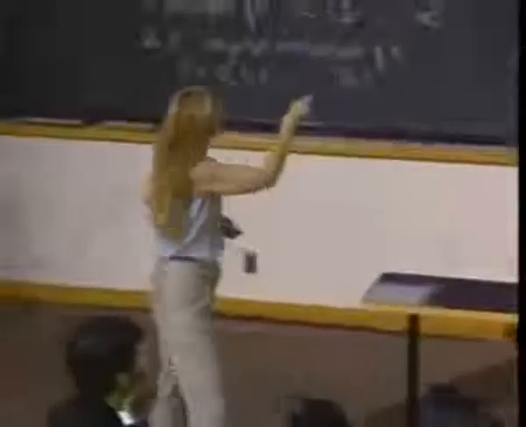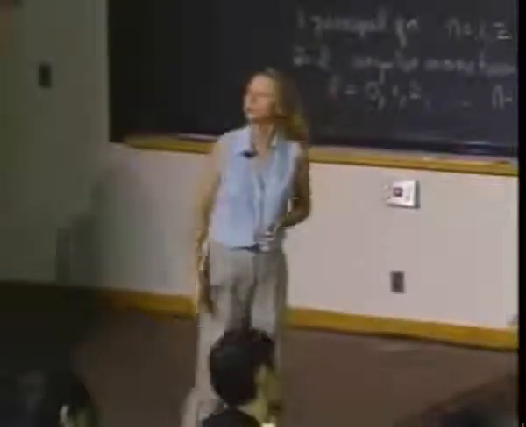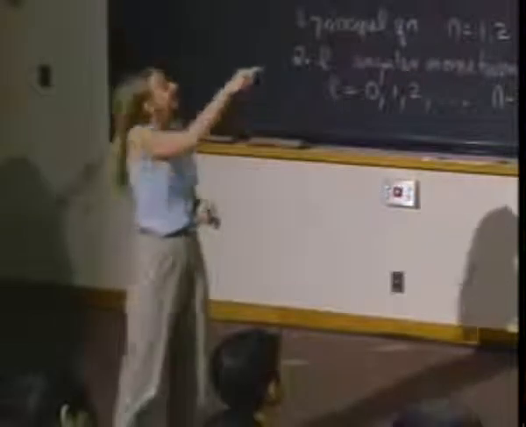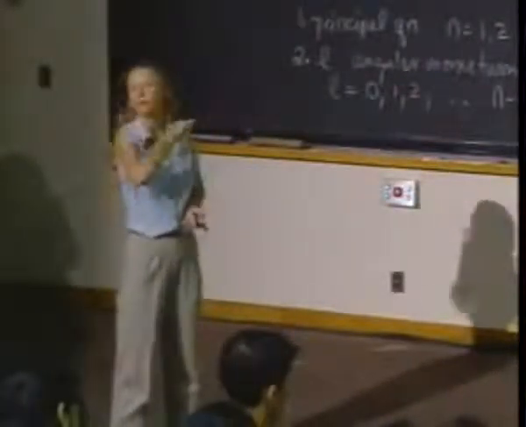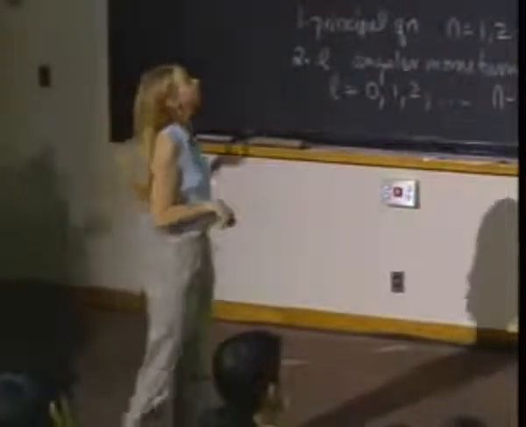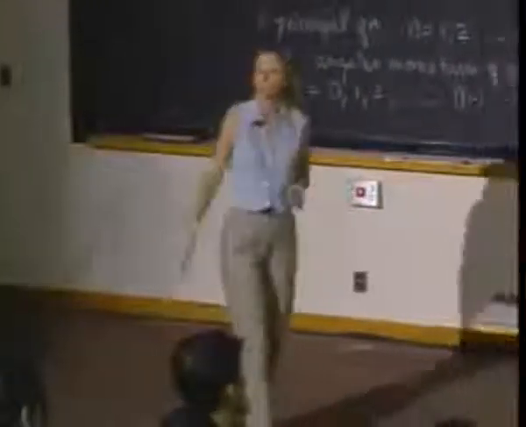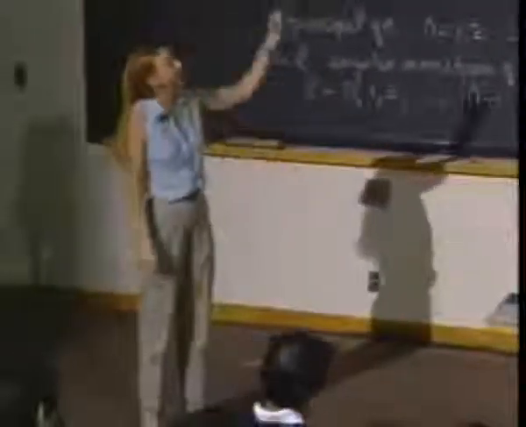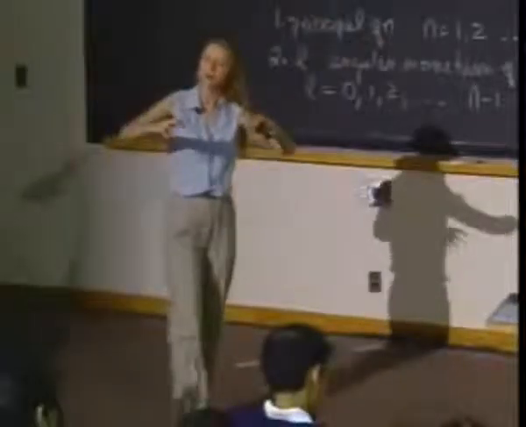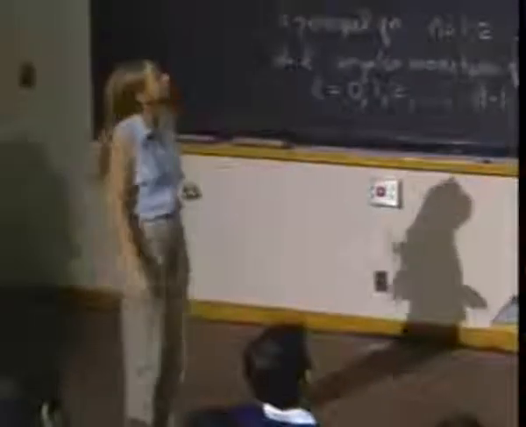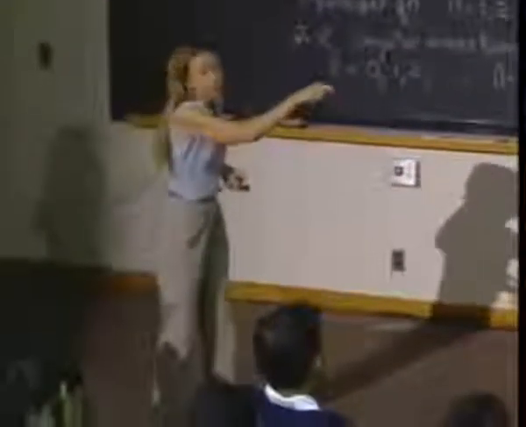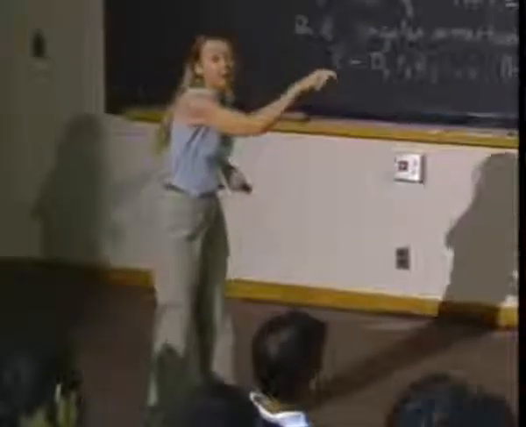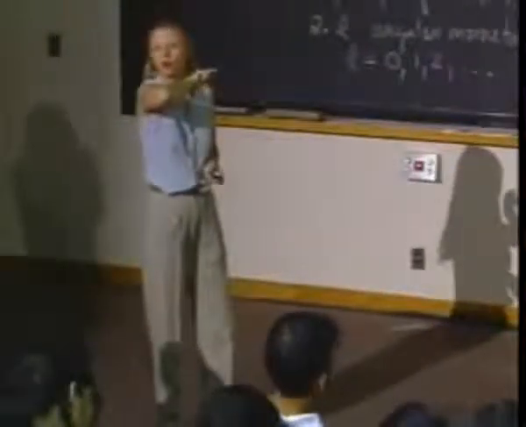So if n is equal to 2, and l, of course, can be equal to 1, what's the next smaller value that m can have? 0. So we have a 2, 1, 0 state. If an electron is in that state, the wave function describing that electron is psi 2, 1, 0. Again, the energy here is minus the Rydberg constant over 4.